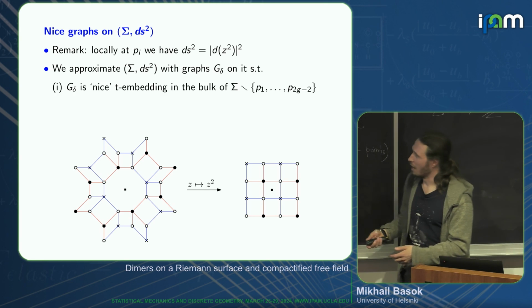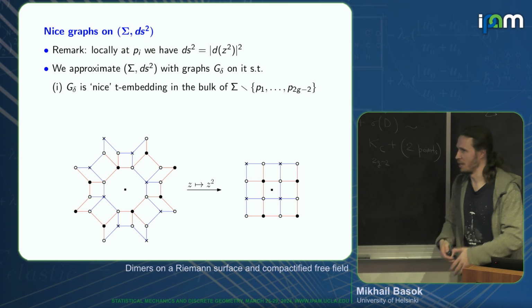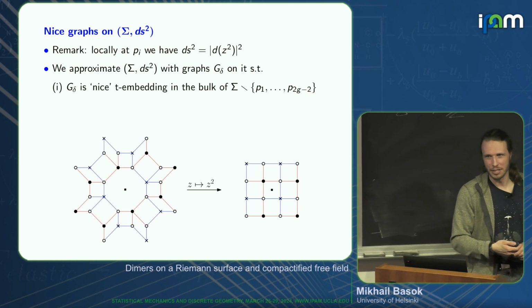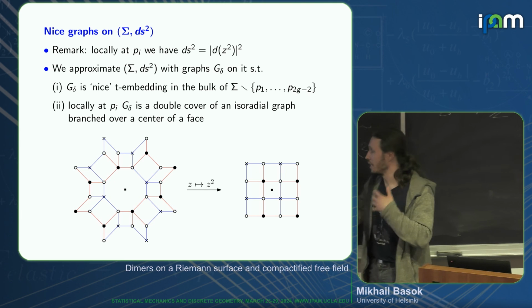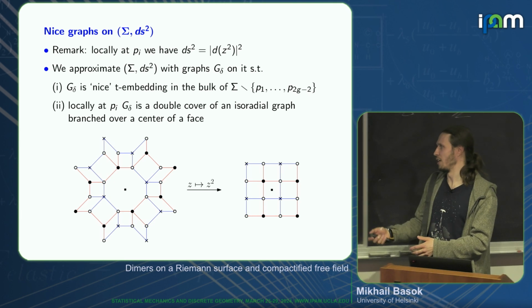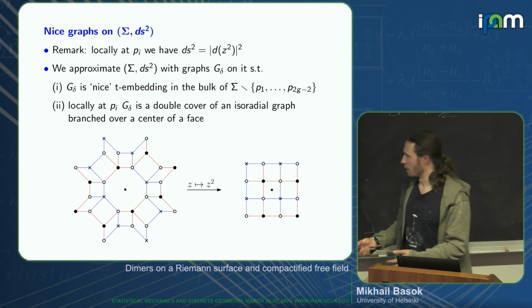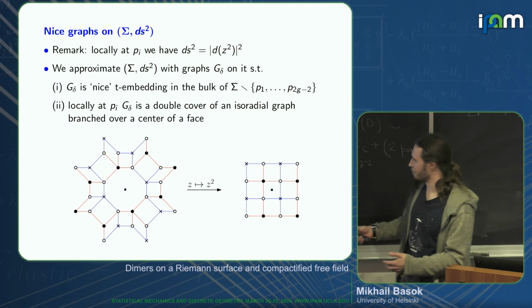First of all, outside conical singularities, we ask them to be nice t-embeddings. If you don't know what a t-embedding is, I will give you an example in a minute, so don't worry. You don't have to think about it. And near conical singularities, we need some additional regularity. So we ask these graphs to be isoradial and to be pullbacks of isoradial graphs from this double cover.